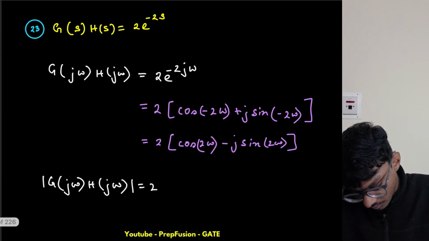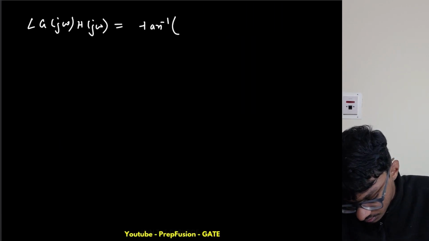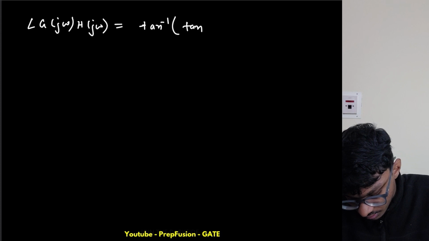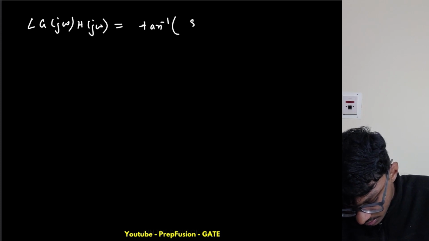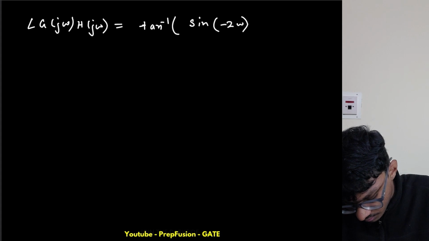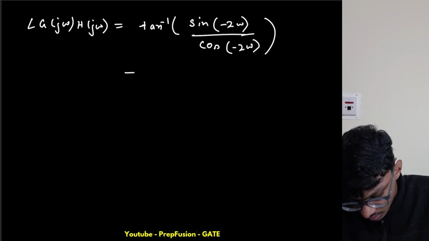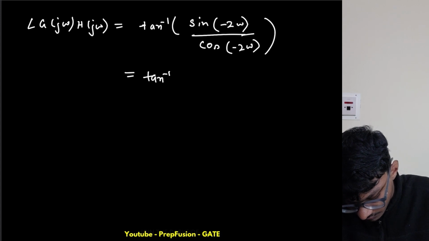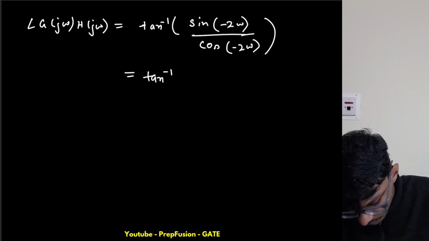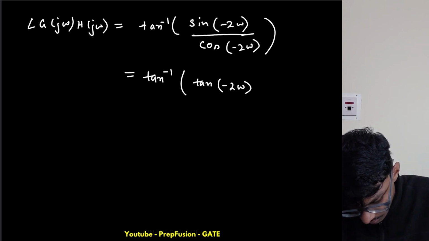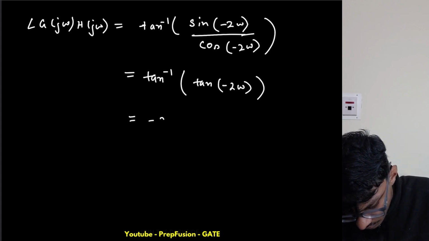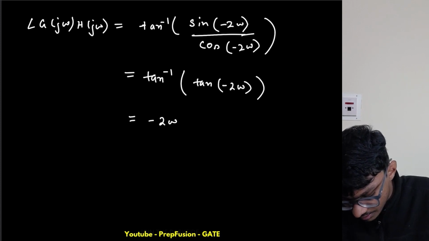Basically I will write this component only so that you don't get any confusion. Tan inverse of sine of minus 2 omega upon cos of minus 2 omega. So my angle becomes minus 2 omega.